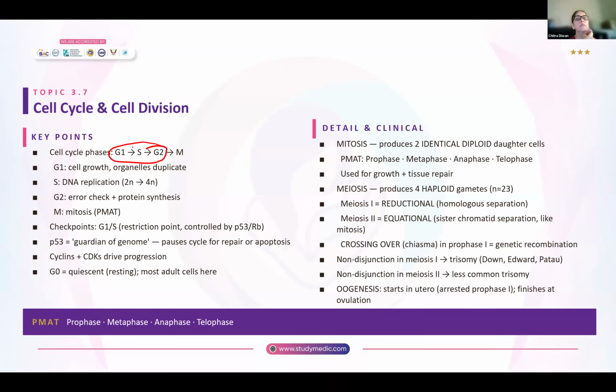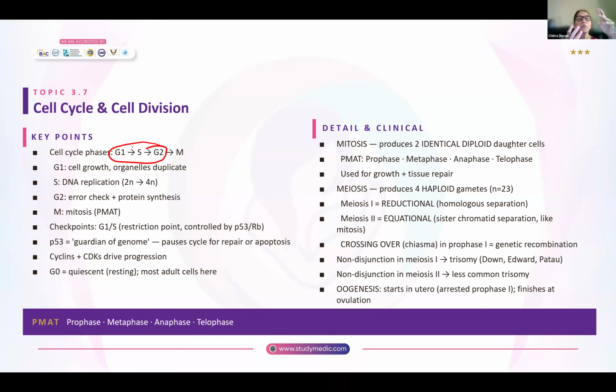So in G1 the cell is growing in size because it has to divide, right? And at that time, the organelles are also duplicating. Then S is for synthesis because when a cell is dividing, the DNA also has to divide. And we have mitosis and we have meiosis. In mitosis, two identical cells are being formed.